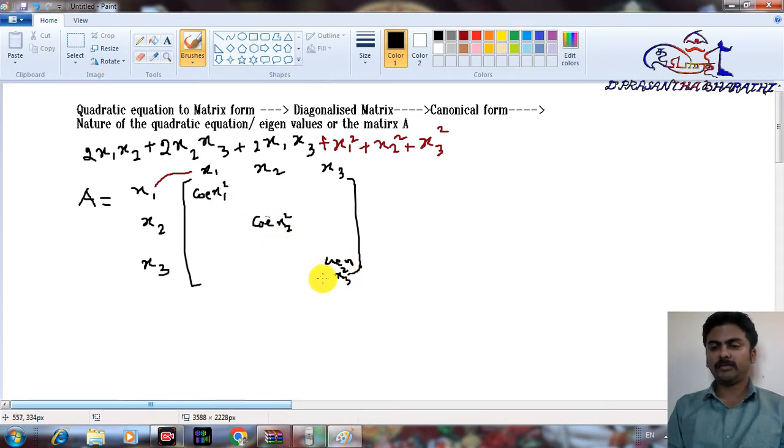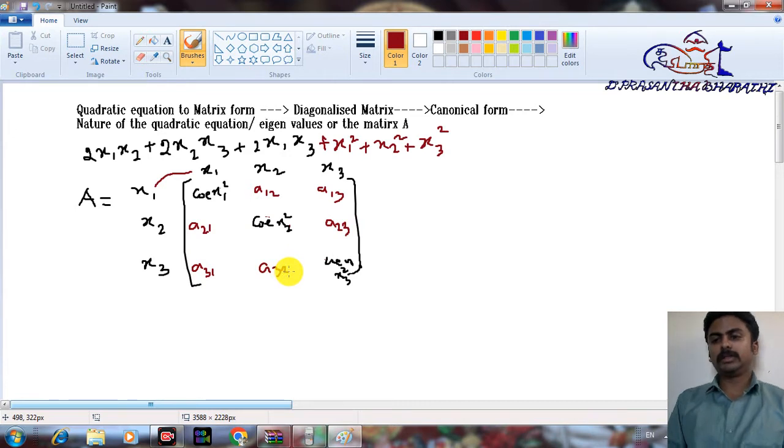These three will be used in the position of diagonal elements, whereas in the remaining positions we have a12, a13, a21, a23, a31, a32.